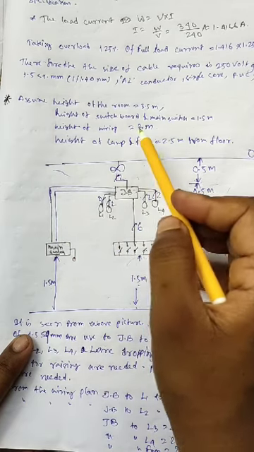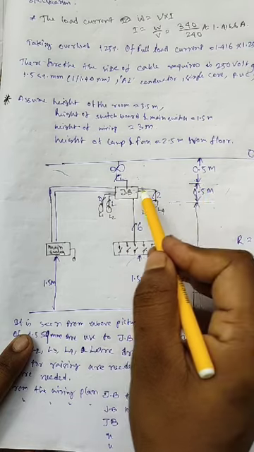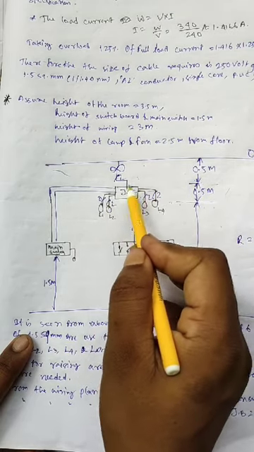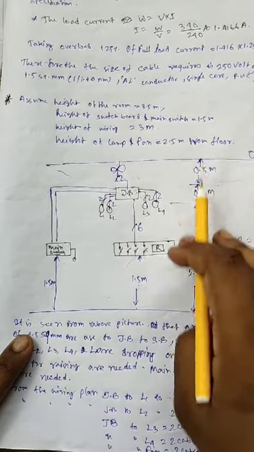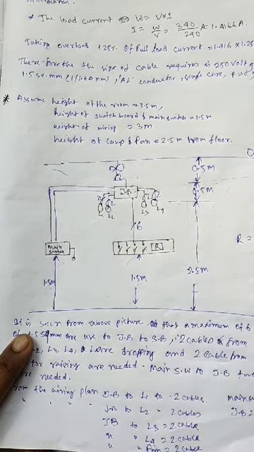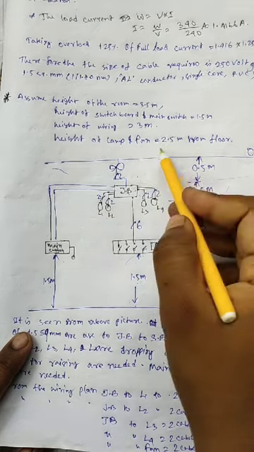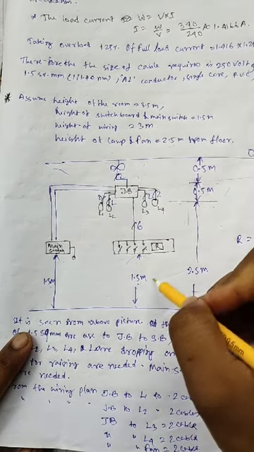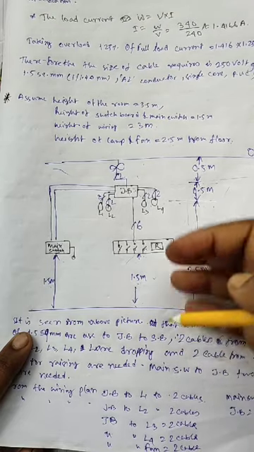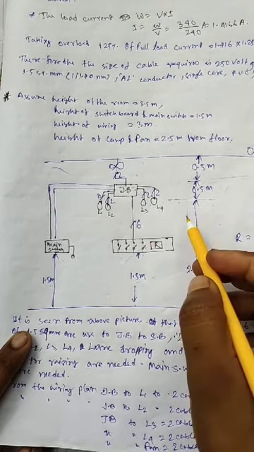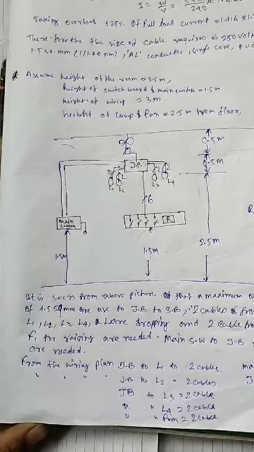Height of the wiring, that means in the above line the wiring also runs vertically. Okay, and height of the lamp and fan is 2.5 meter from the floor, that means this lamp height is 2.5 meter because it is hanging from the ceiling.